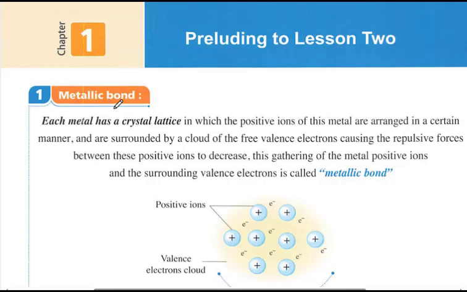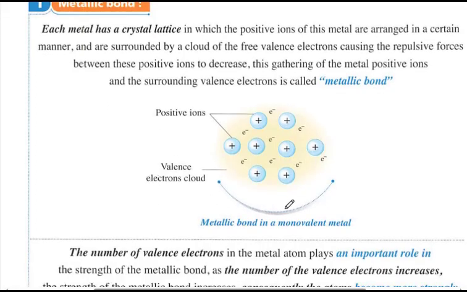So if we look at this shape, we see metal positive ions surrounded by negative electrons. These negative electrons bind them or decrease the repulsion force between these positive ions.